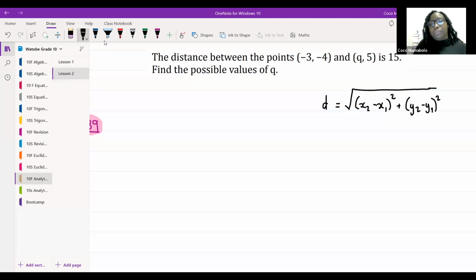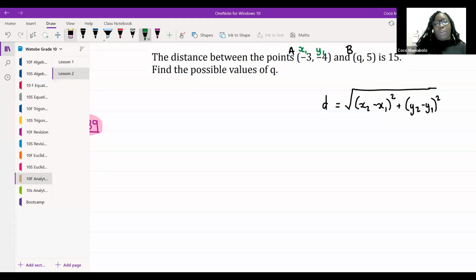Okay. Then I'm going to rename these two coordinates that they've given us here. I'm going to rename this one A, and I'm going to rename this one B. Okay, I'm going to take it step by step, guys. And then I'm going to call these coordinates x1 and y1.